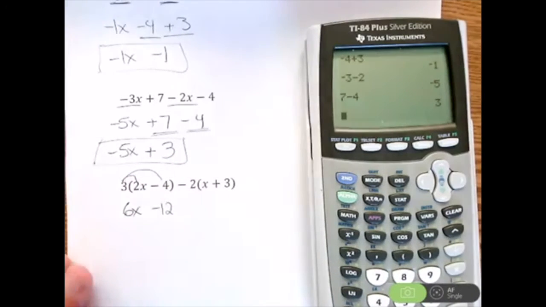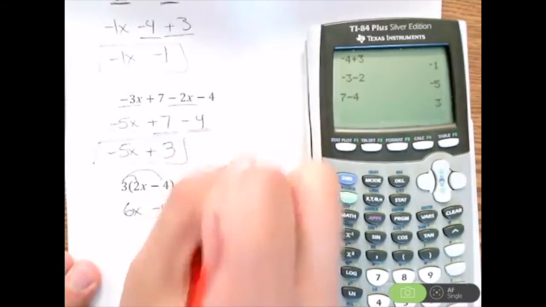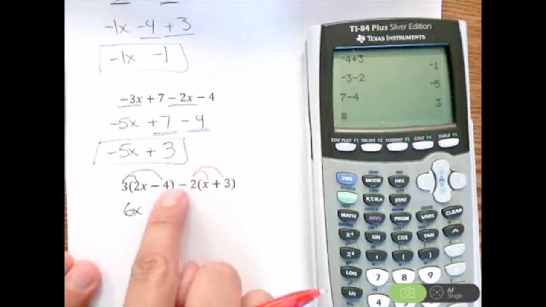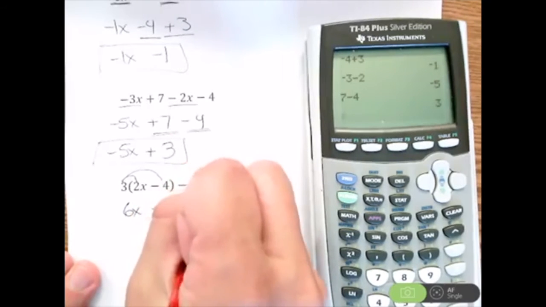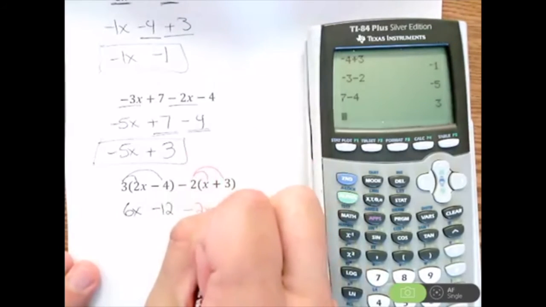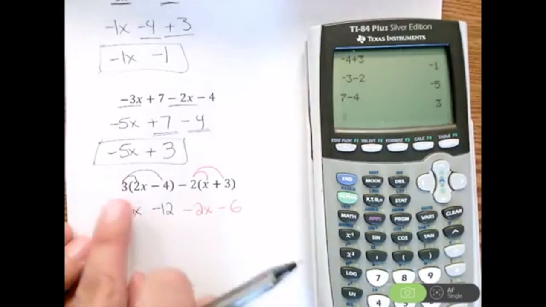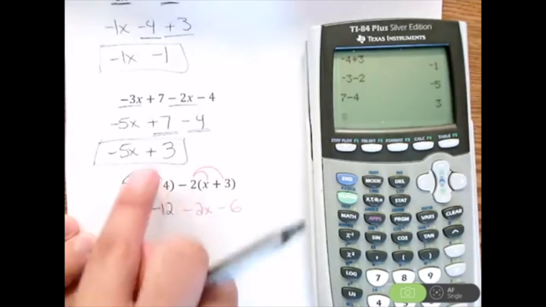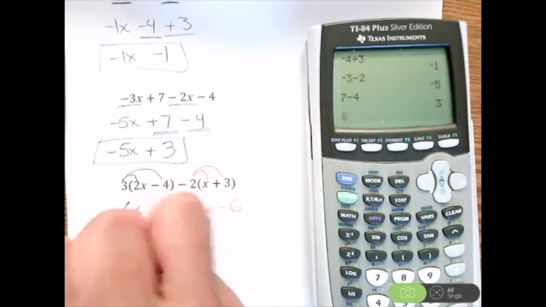Continue on in this process, we see another parentheses down here. So this -2, the negative comes with it, the minus comes with it, needs to be distributed through. -2 times x is -2x. -2 times 3 is -6. Now if you look, after we distribute, this problem just turned into like the previous two I did. So slow and steady, get you right through it.